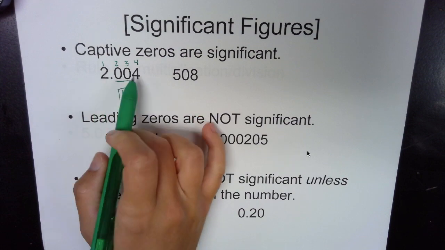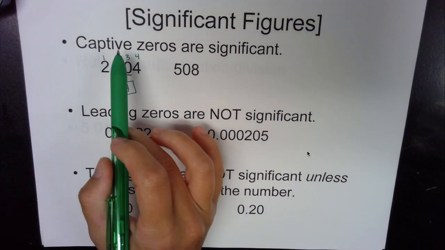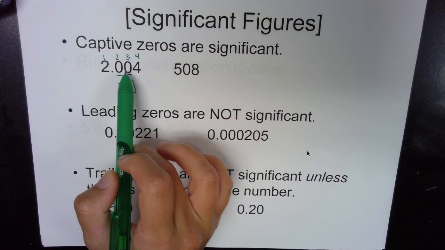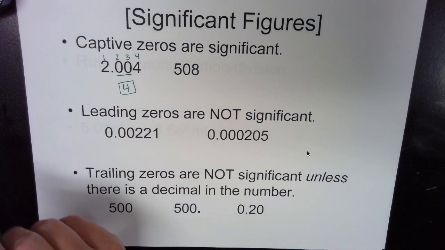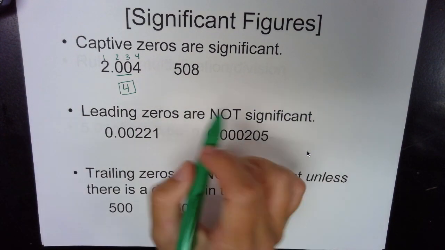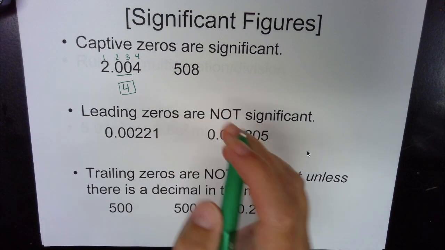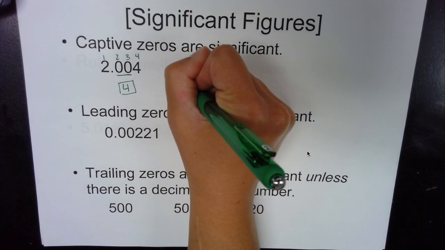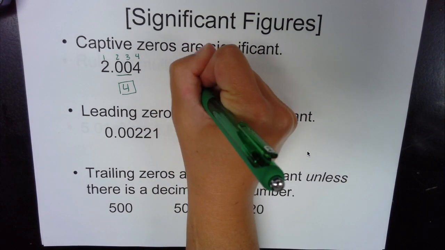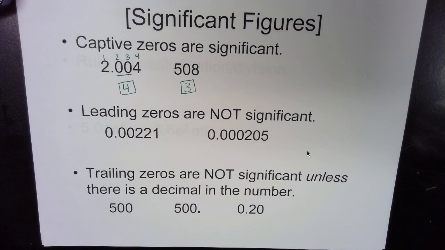Because non-zero numbers are always significant, and this rule tells us that zeros caught in between them are always significant. How many sig figs is this? 3. Okay. So captive zeros are always significant.